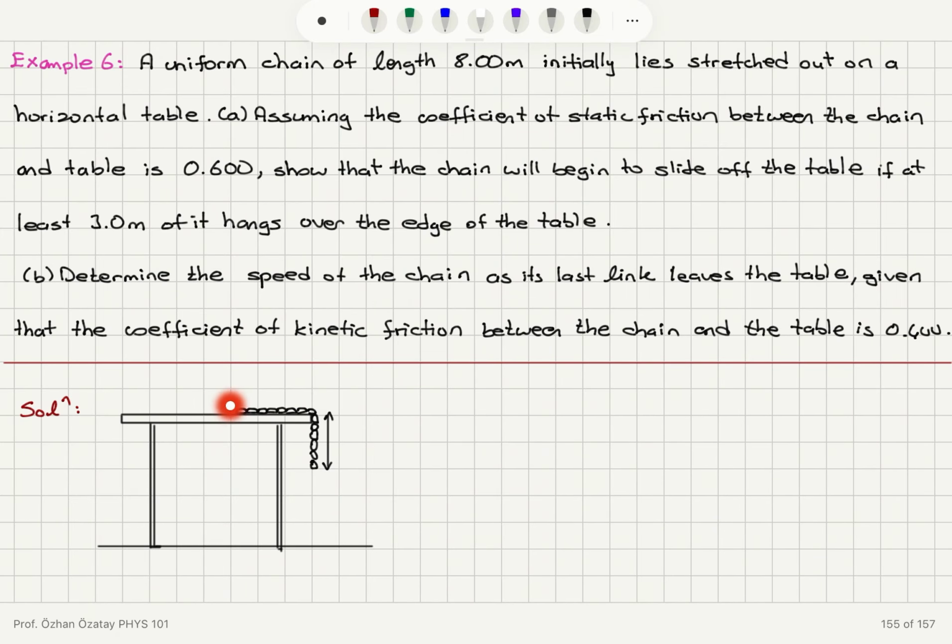Now you can see that this was initially stretched out, and now it's hanging over the edge. Let's call the fraction that is hanging F. So a length L times F is hanging, and L times (1 minus F) is still on the table.